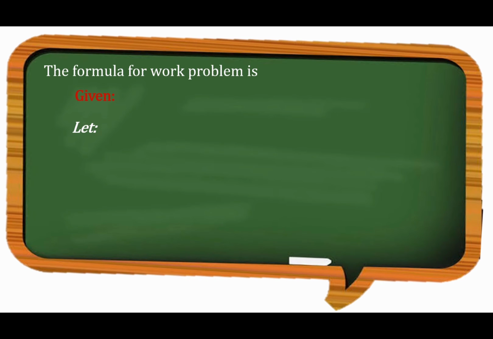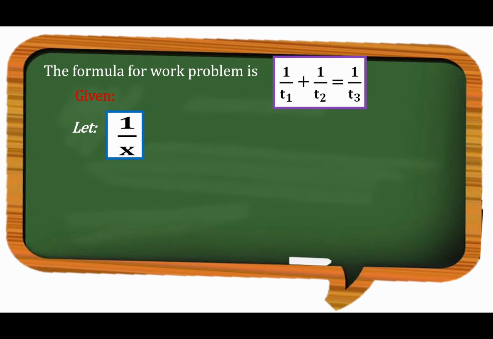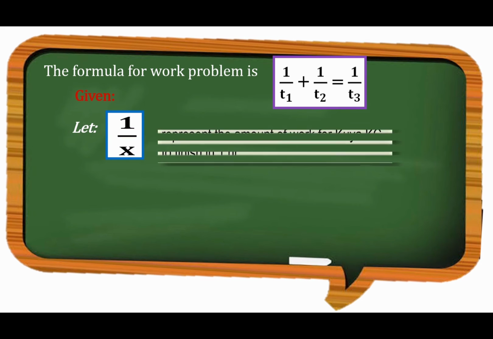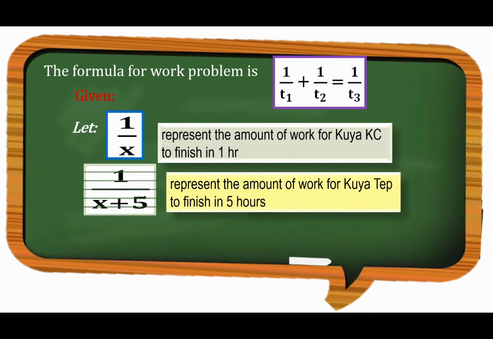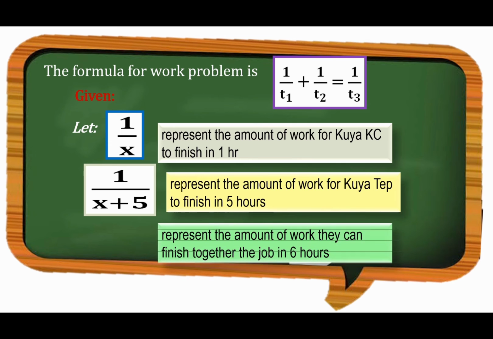The formula for work problem is 1 over t sub 1 plus 1 over t sub 2 is equal to 1 over t sub 3. So, let 1 over x represent the amount of work for Kuya Casey to finish in 1 hour. 1 over x plus 5 represents the amount of work for Kuya Tep. 1 over 6 represents the amount of work they can finish together in 6 hours.